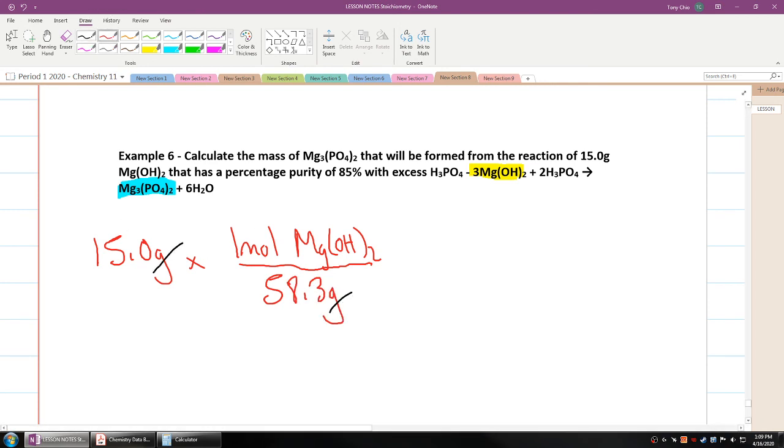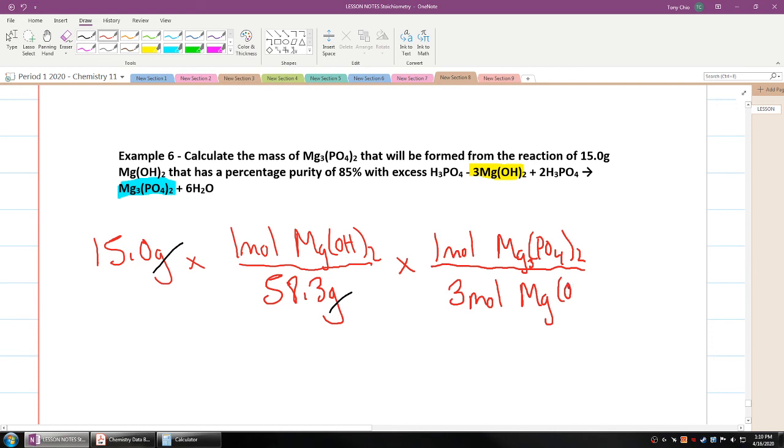My next step is now to cross the mole bridge. In this case, it is 1 mole of magnesium phosphate over 3 moles of magnesium hydroxide. Okay, so that should cancel out my moles of magnesium hydroxide. My last step is to find the molar mass of magnesium phosphate.